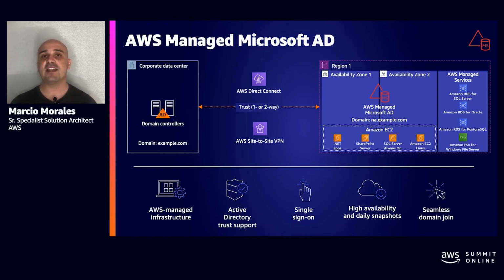The Managed AD is then going to create a new domain in a new forest. With that, you can establish a domain or forest trust relationship between your on-premise Active Directory and the AWS Managed AD. And then you can use one-way or two-way trust or selective authorization.